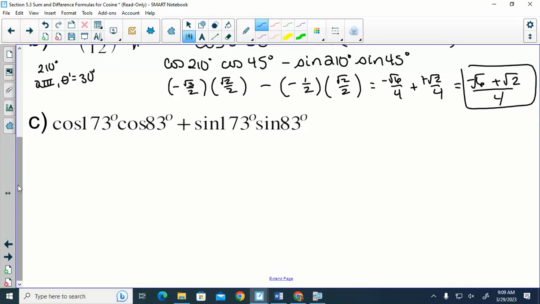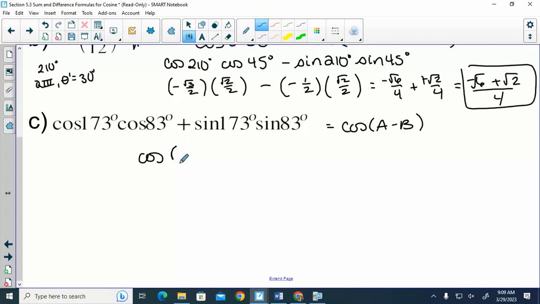All right. What's different about this one? Yeah, I gave you the right-hand side of the equation. So look at your formulas. We have cosine times cosine plus sine times sine. Which formula is this? It's the cosine of A minus B formula.